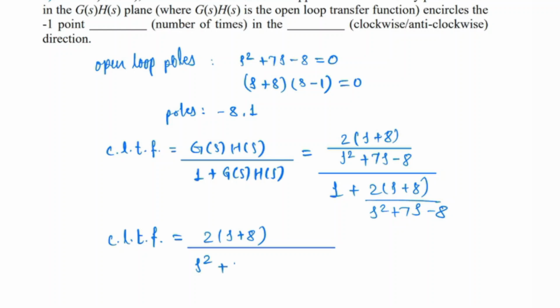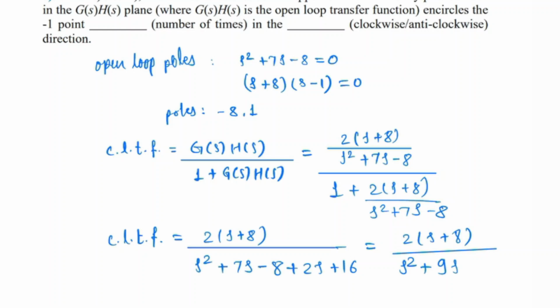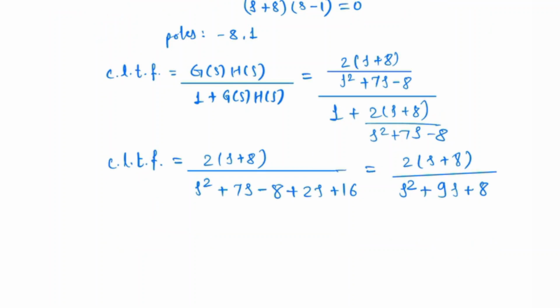So s square plus 7s minus 8 plus 2s plus 16, that would be 2 in bracket s plus 8 over s square plus 9s plus 8.